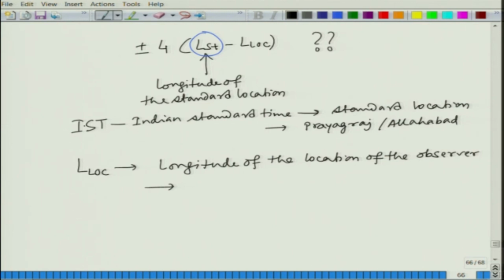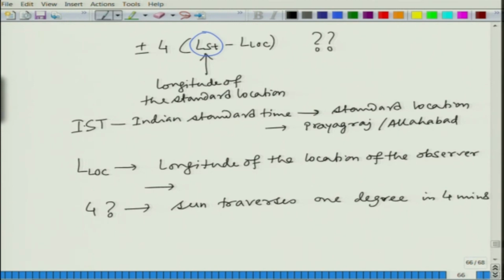Okay. And how come this factor 4 is coming? 4 is actually coming from the fact that the sun traverses 1 degree in 4 minutes. Okay, because it traverses 360 degree in 24 hours.